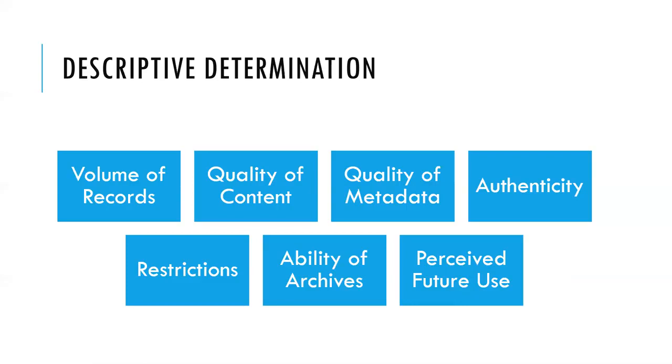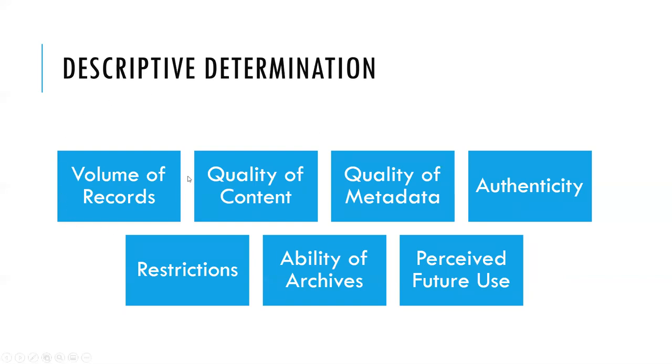So I guess if you know your community and you know who's using your repository, you know what the research interests of people who use your repository are, then maybe you can make this determination and attach describing records to a particular level to some perceived future use. But if you don't have that data and you don't have good data, then it can be kind of a guessing game, and it's not really a valid criteria to use.